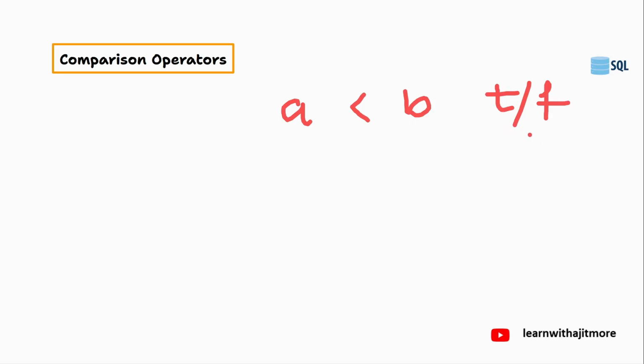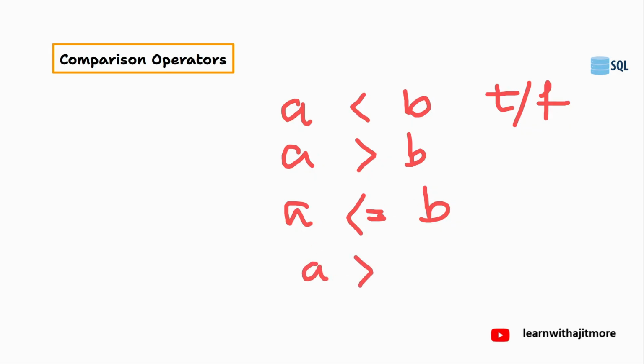Okay, 1 and 0. Then same way, A greater than B is there. So if A is greater than B, then true, otherwise false. Then less than equal to we have. So if A is less than or equal to B, true. Then greater than equal to.